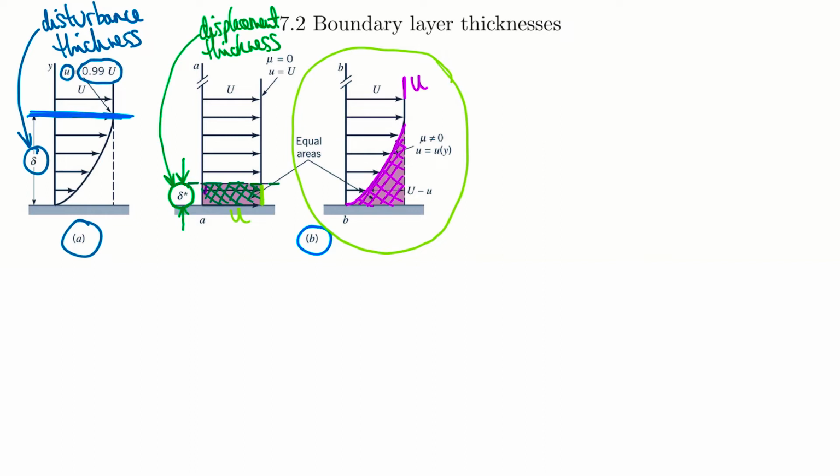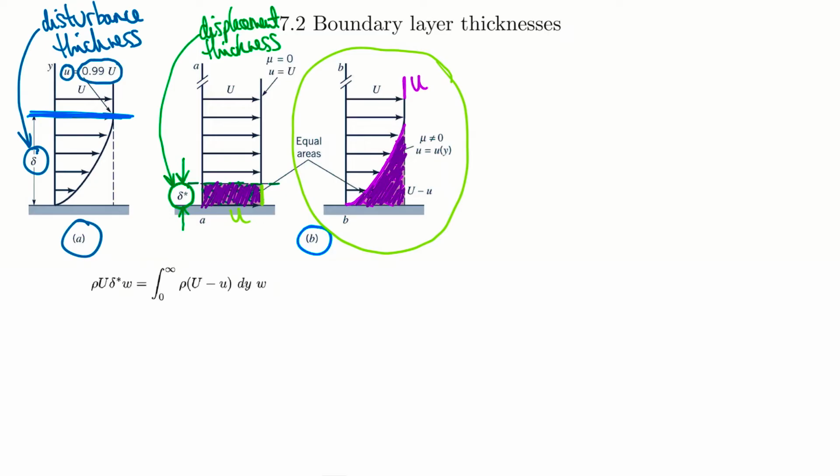So now this area matches this area here, and that's defined as the displacement thickness. You can see from the visualization it's not the same as the disturbance thickness, but what a displacement thickness helps us do is compare different situations of boundary layer thickness. If the boundary layer effects are higher, then you have a thicker displacement thickness, meaning there's more of a disruption, more of a slowdown that's causing your mass flow rate to slow down.